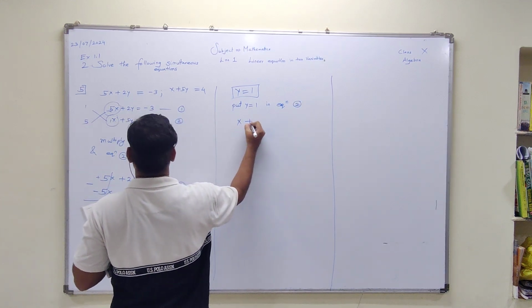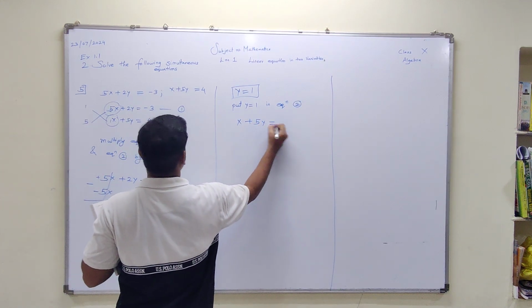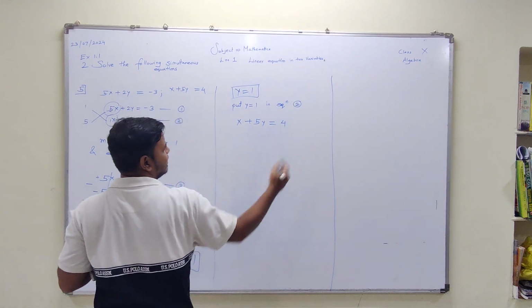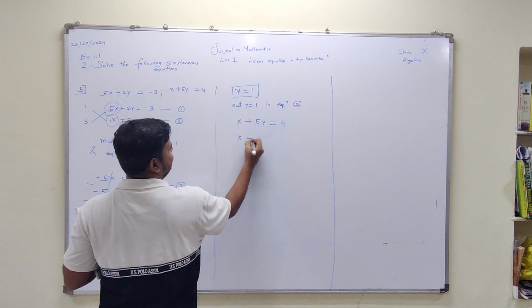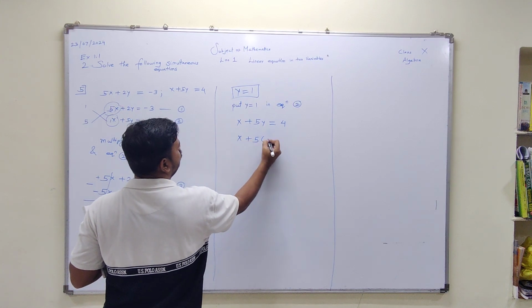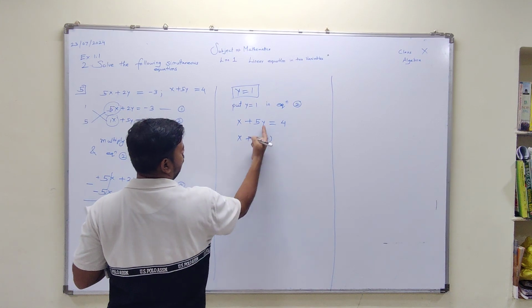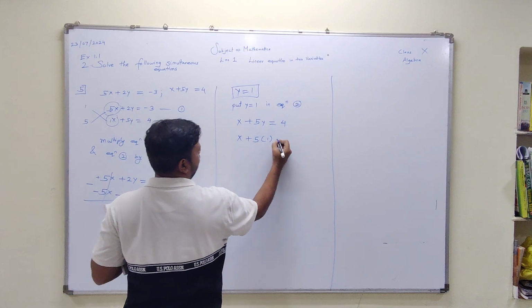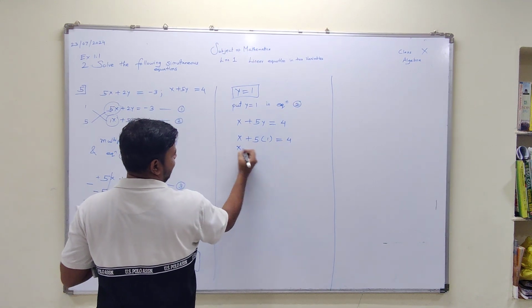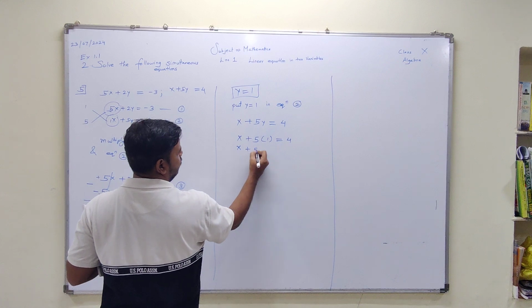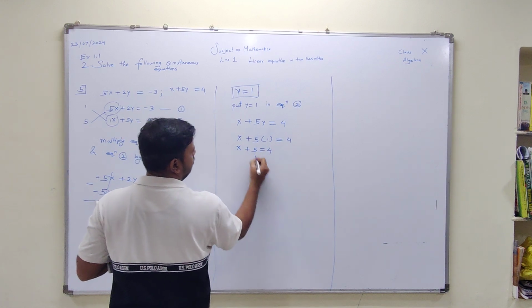So x plus 5y is equal to 4. First write down the equation as it is, then put the value of y: x plus 5 into 1 is equal to 4. x plus 5 is equal to 4.